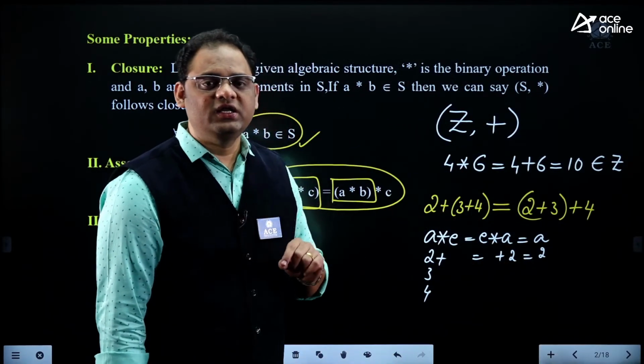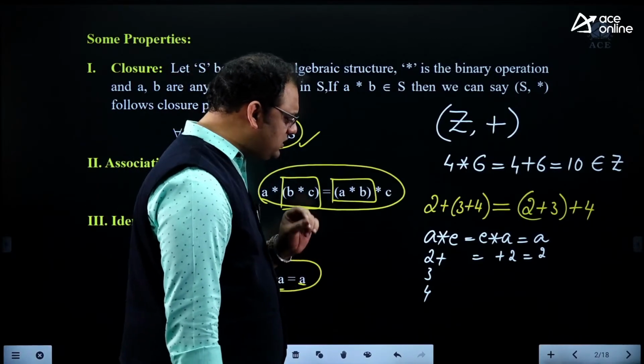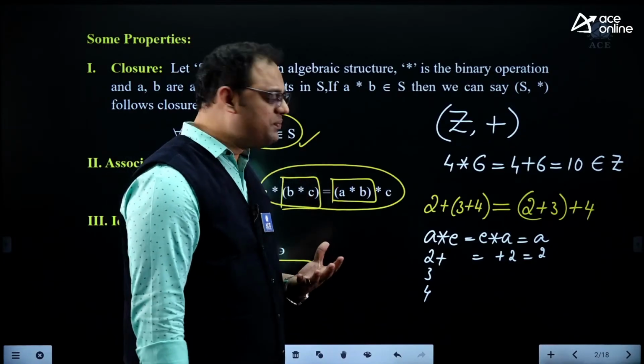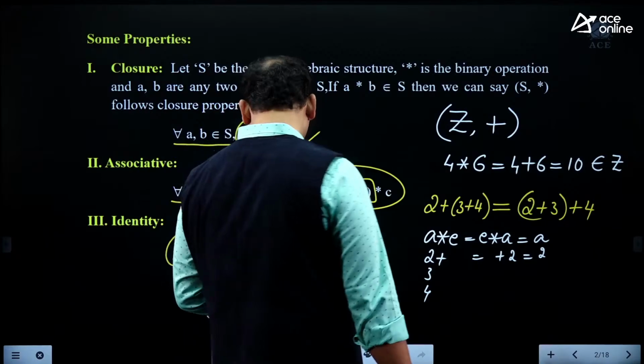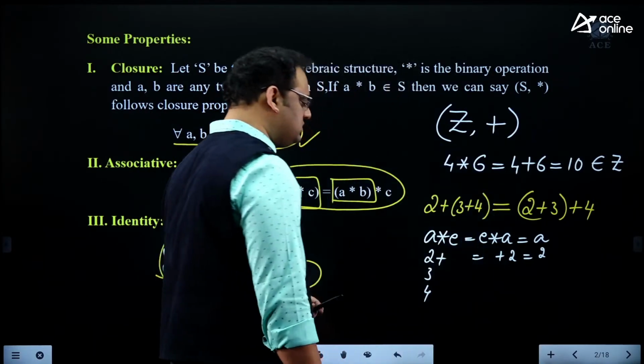What is that identity element? What integer exists in your Z? It must exist in Z, it should not exist somewhere else. E must belong to the given S, not somewhere else.